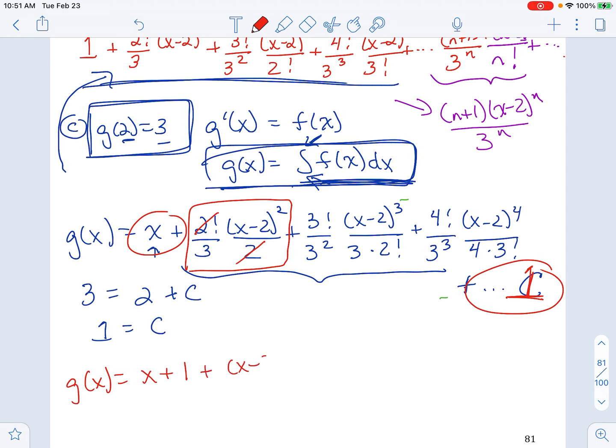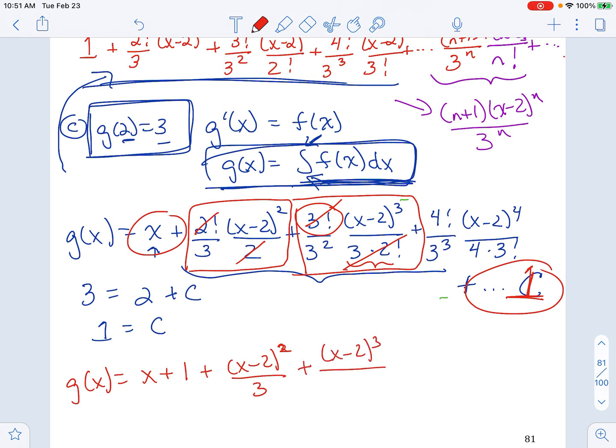So really I have x minus 2 squared just over 3. This next term, 3 times 2 factorial, 3 times 2 times 1, that's really 3 factorial. So all that drops out, and I still have this. The next term, notice 4 factorial is the same as 4 times 3 times 2 times 1, which is everything here. So really you have this.